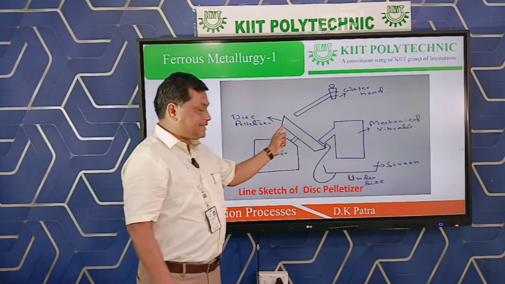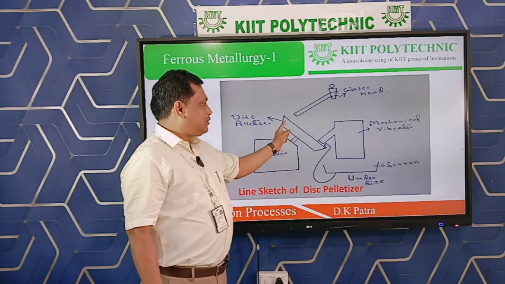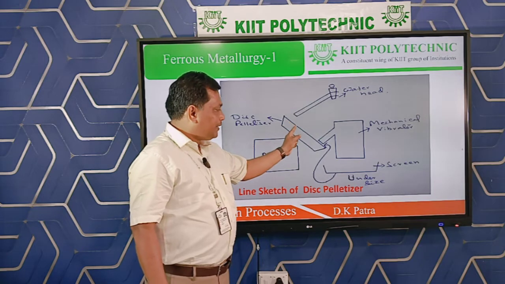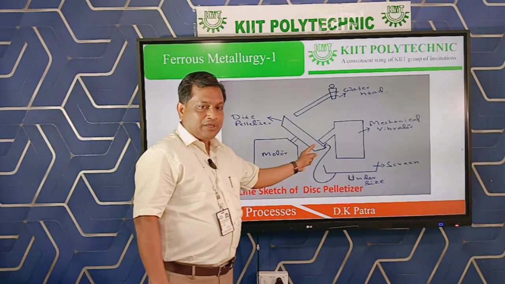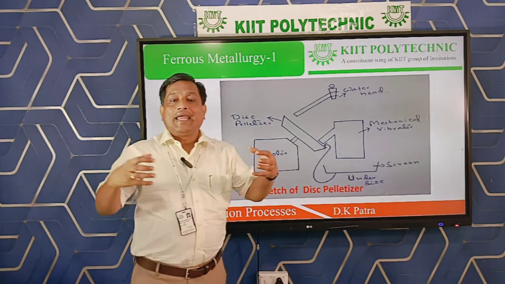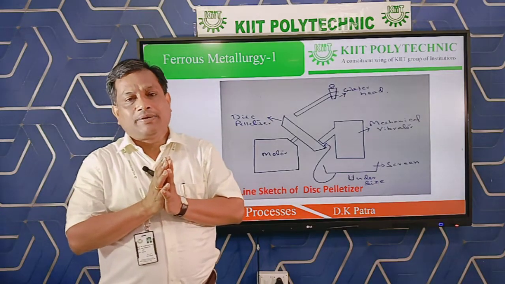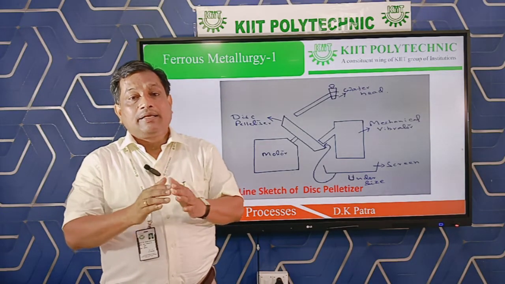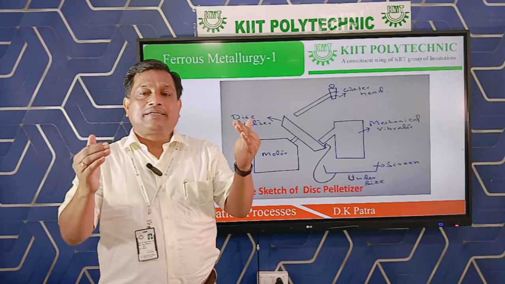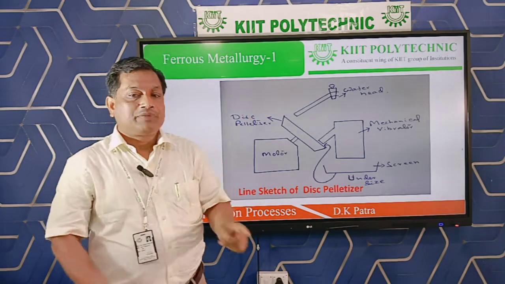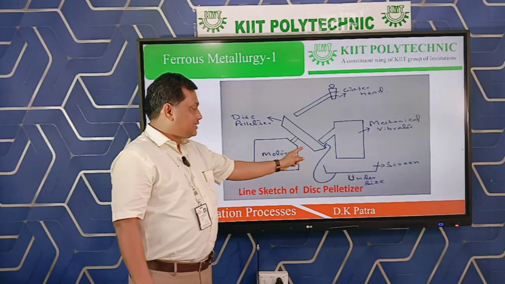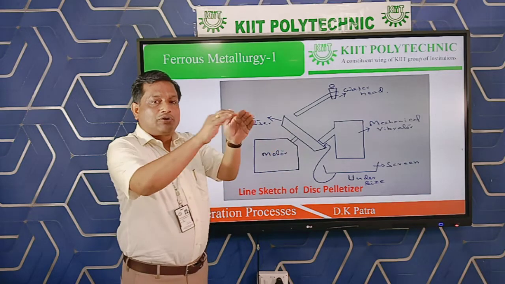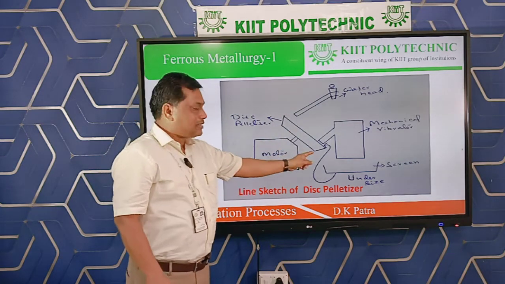Here small seeds will form, and whenever they come down, they encounter the iron ore fine particles, and the growth of this seed takes place by layering. By layering, the growth takes place. Again it goes to the top, water is spread over the particle, again it comes down.